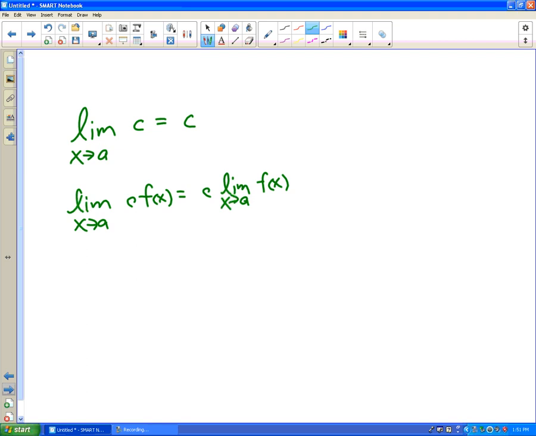So if I want the limit of 5x, it's the same as taking 5 times the limit of x. There are places where these little tricks about limits are going to be helpful to us. What's the next one say? I think it's a plus or minus 1, isn't it?